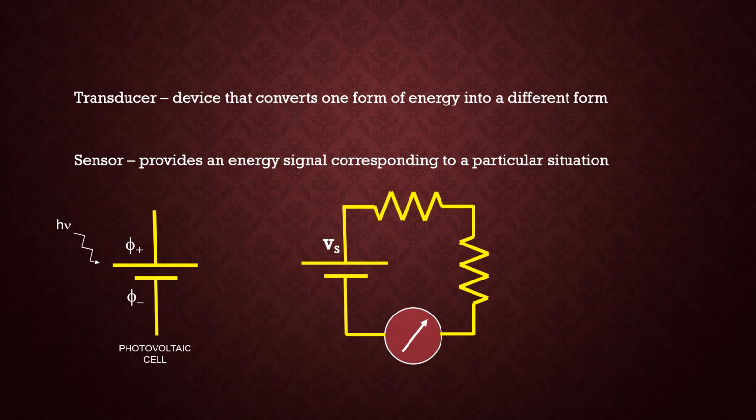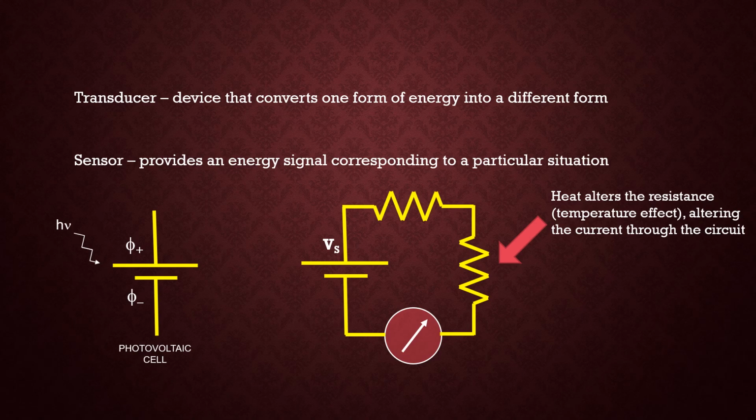A sensor, on the other hand, would take advantage of the behavior of a resistor. If you heat a resistor, the resistance value changes, so if you have a circuit as illustrated in the diagram here, a voltage source that's static, not changing, pushing current through a circuit that consists of two resistors and a current meter.